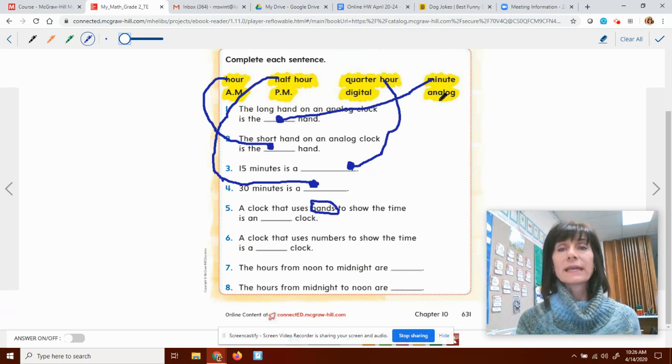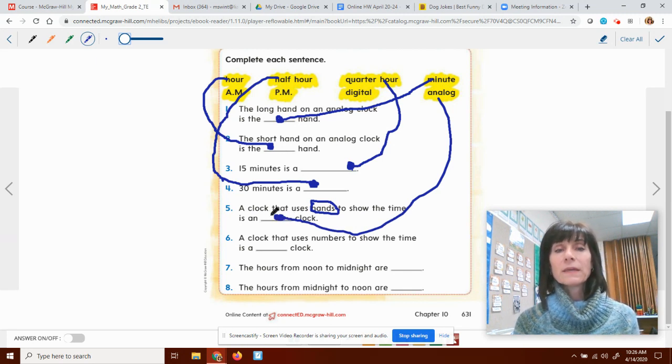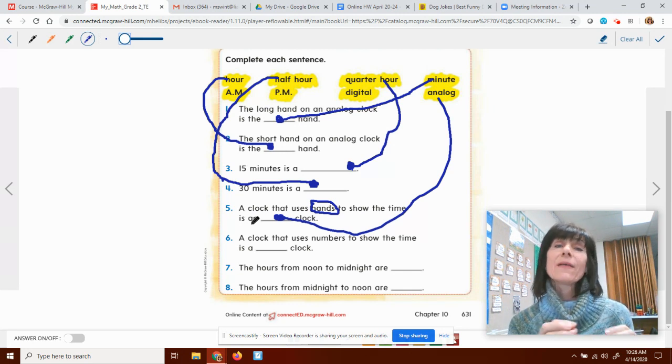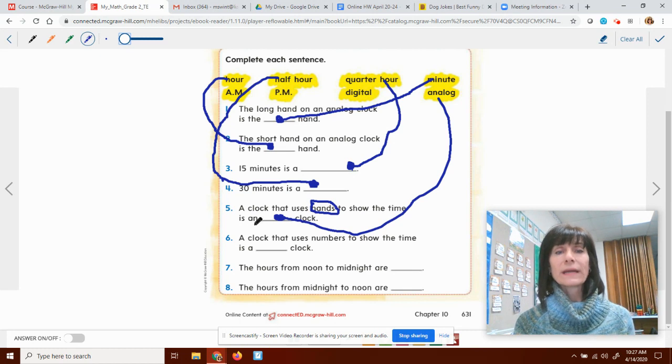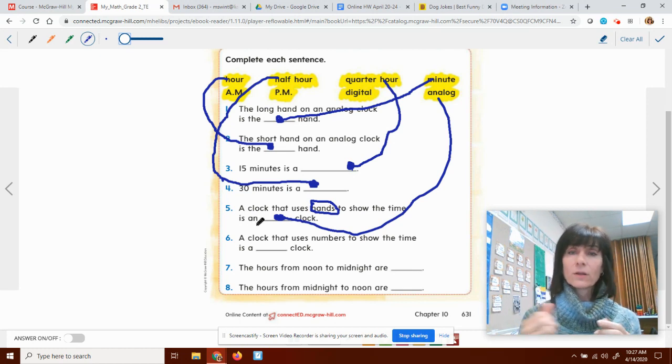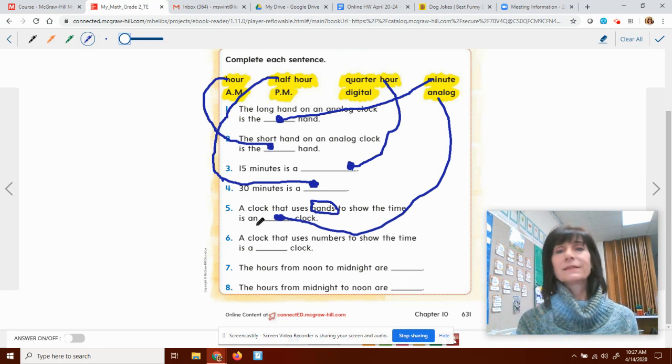If you said analog, you are right. And I'm also going to give you another hint. If you have a word like an, A-N, any word after the article an is going to begin with a vowel. Analog begins with a vowel. Digital does not. So that's another clue.